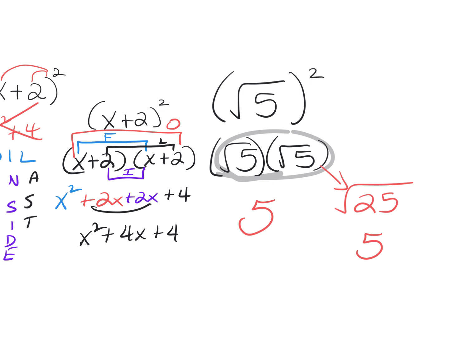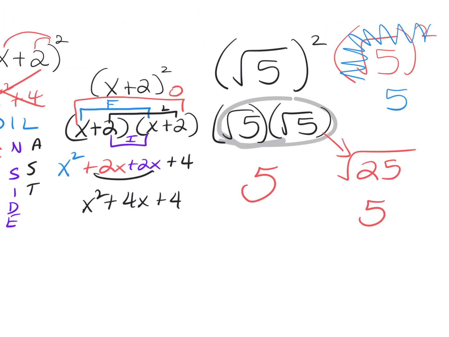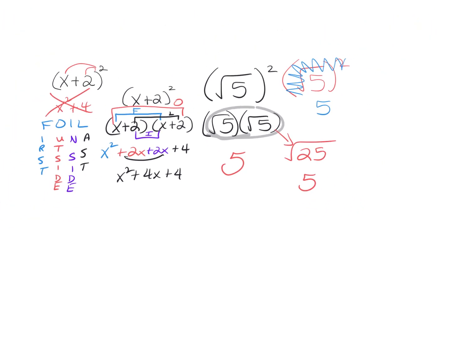But I wouldn't waste time multiplying them. Just know that whenever you have a radical that is squared, squaring that square root cancels it, and it just frees up the number. Let's now say we have a number and a square root, and we want to square it.